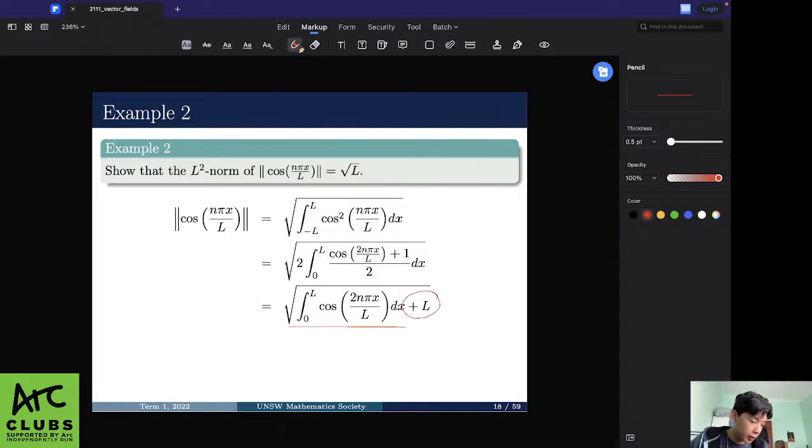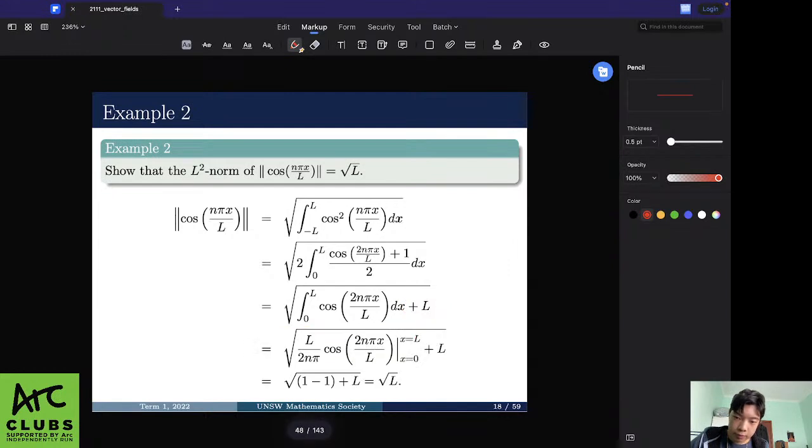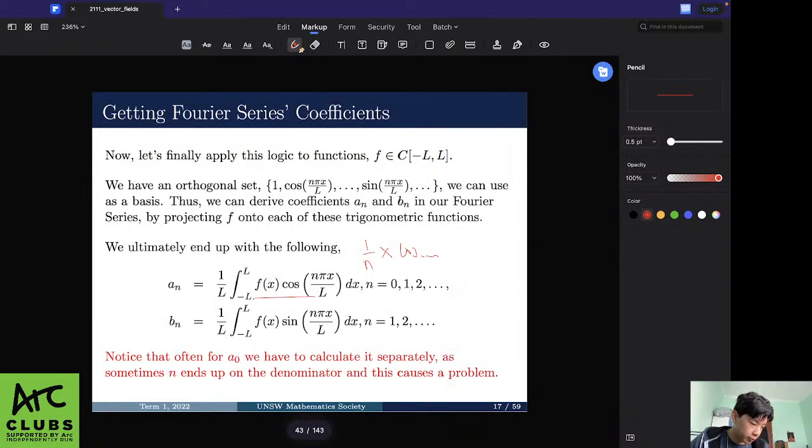Now we can compute this integral right here, and we should be able to get 1 minus 1, which is of course 0, so we're left with root L, and that's our norm. So, looking back, we see that this 1 on L is actually just 1 on root L squared, because root L is our norm.